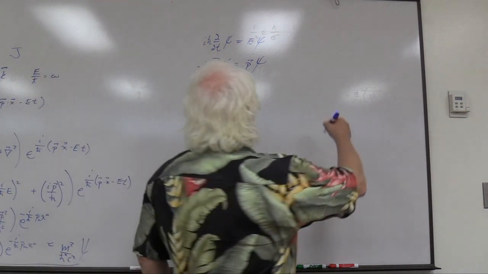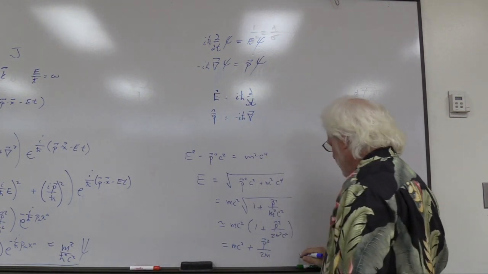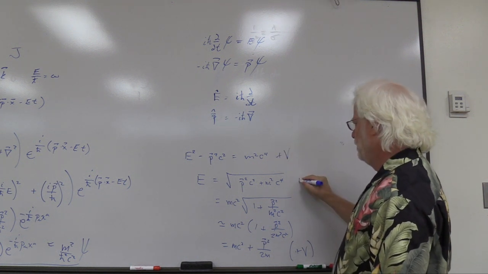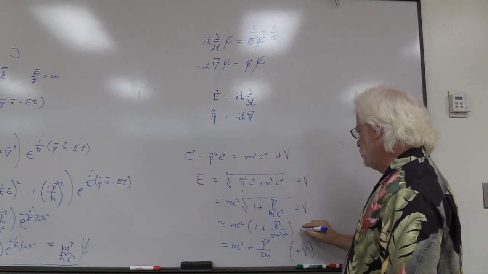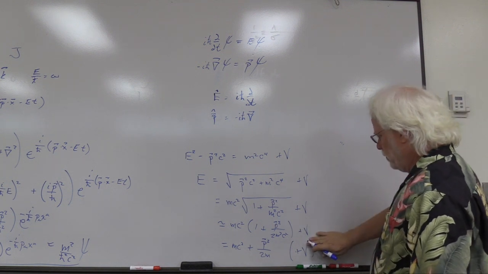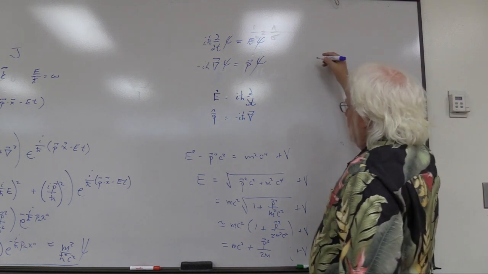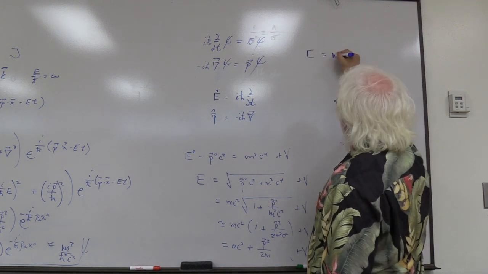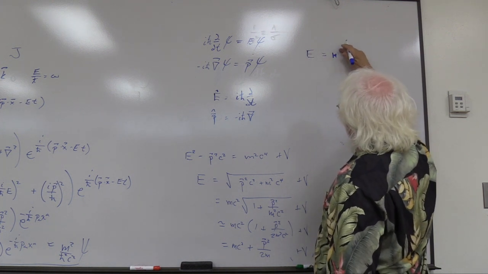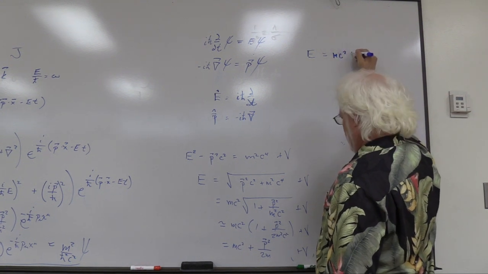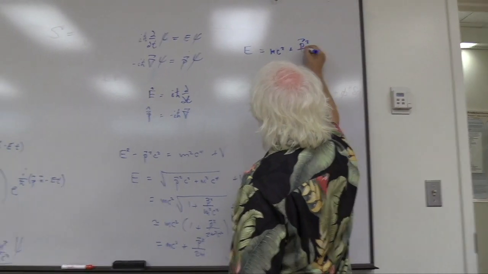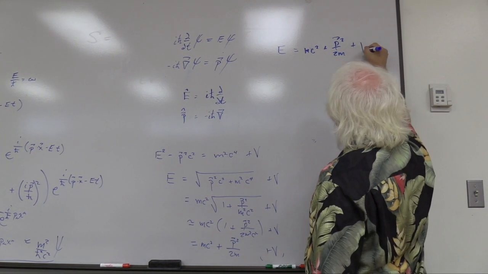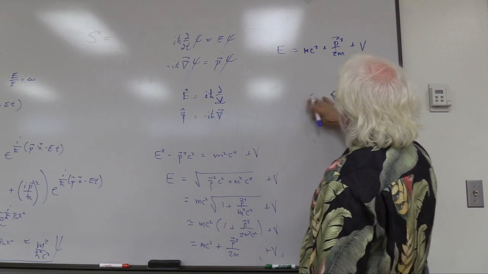So now, if I wanted, I could add a potential energy to this. Let's just carry along whatever potential I might want here. So now I can write energy equals mc squared, that's nice, plus p squared over 2m plus some potential.